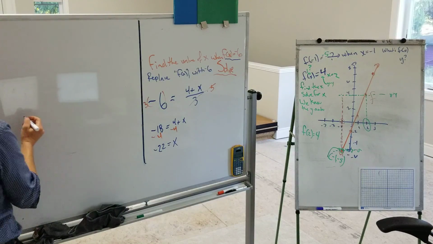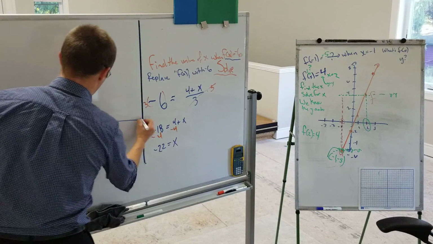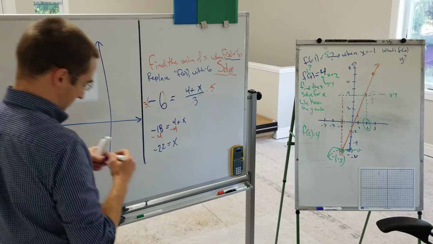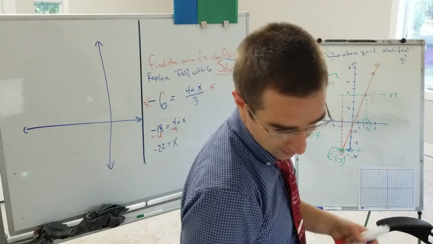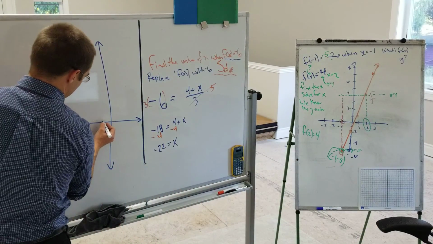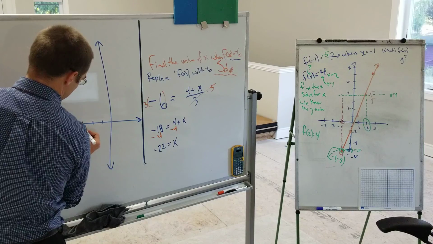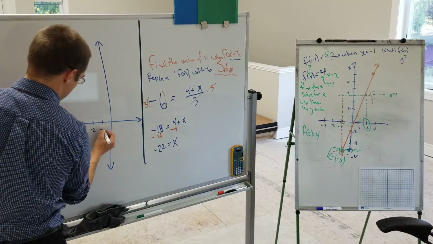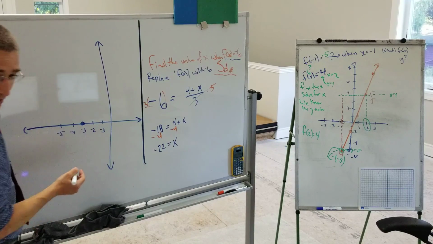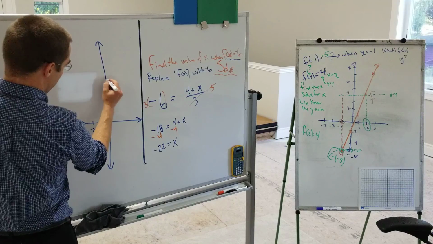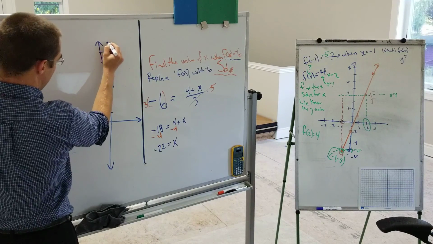Let's say we've got a different function. Make this the g function. Why? Because g is a different letter than f. That's the only reason why. Let's say we go negative 1, negative 2, negative 3, negative 4, negative 5. A point there, and 1, 2, 3, 4, 5, 6, 7, 8, 9.